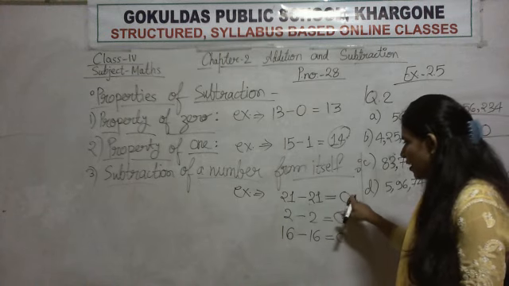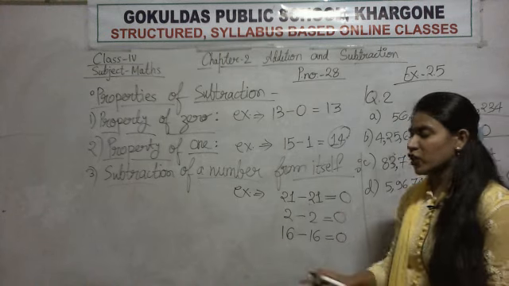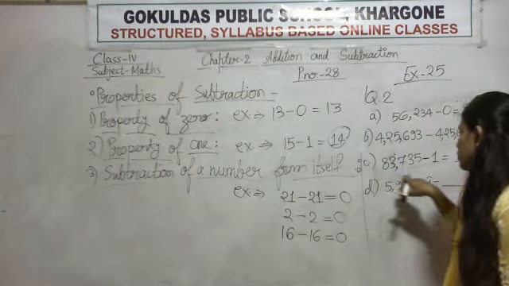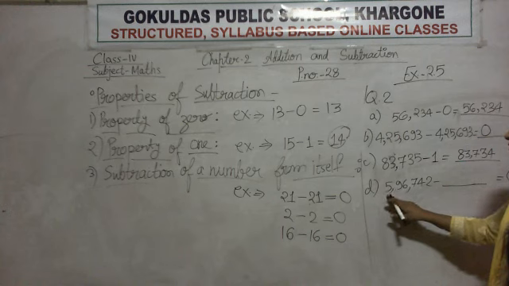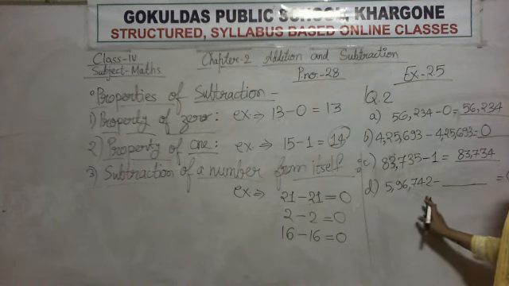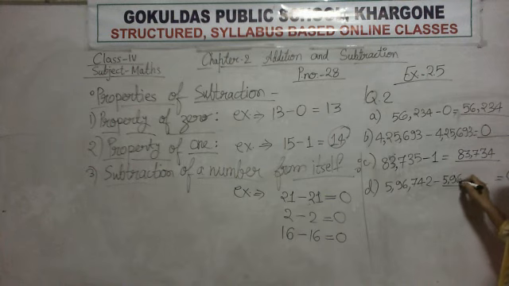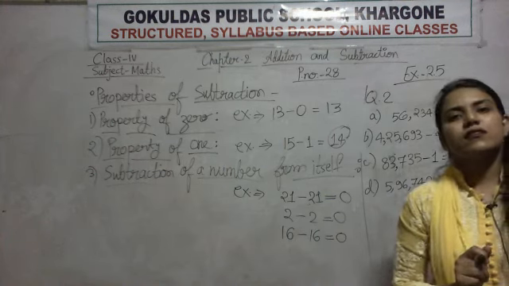Observe, you get 0 in the answer when you subtract the number from itself. So if I subtract 5,96,742 from 5,96,742, then only I will get the answer as 0.